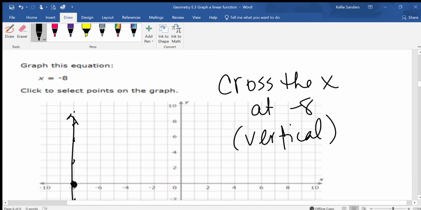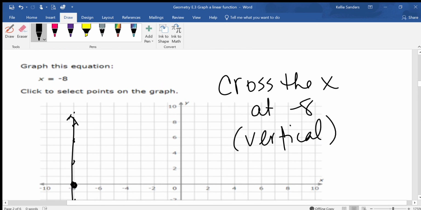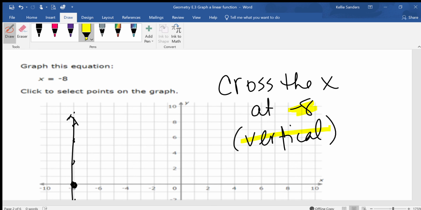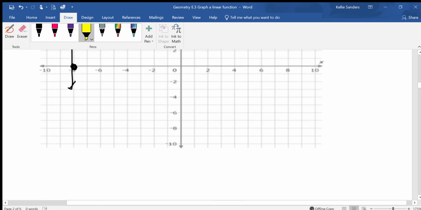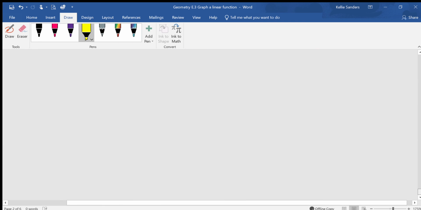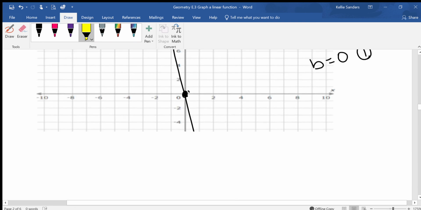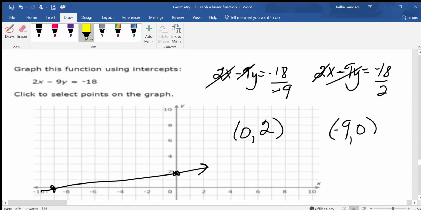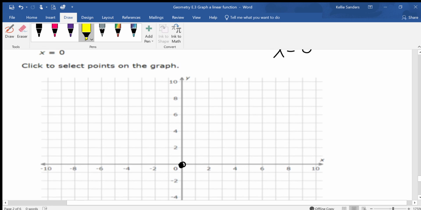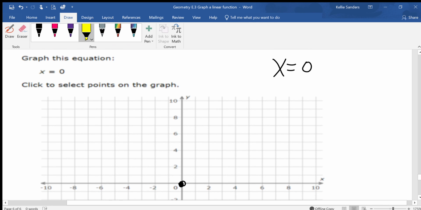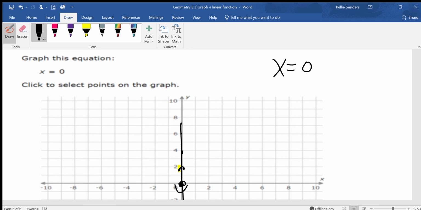Okay. Remember this one? X equals -8. What happened? It was a vertical line at -8. Okay, let's go back down. So if x equals 0, what's going to happen? It's going to be a vertical line at 0.